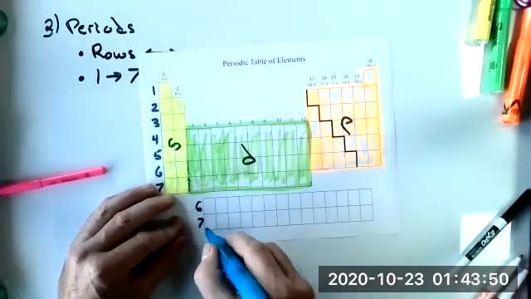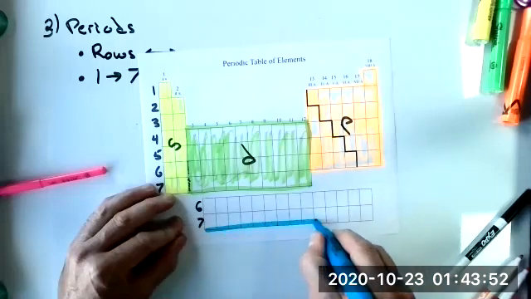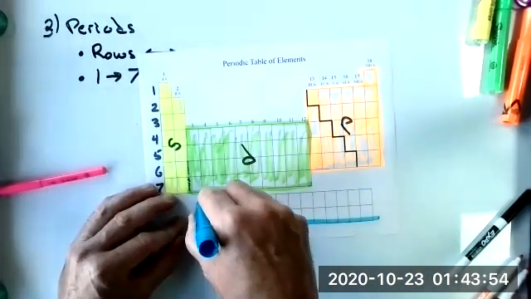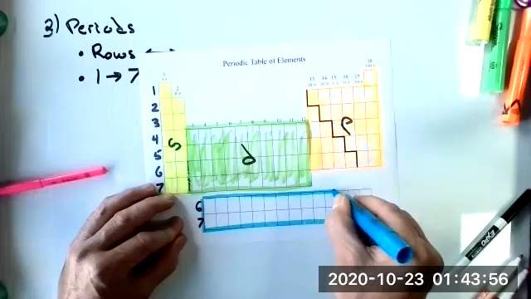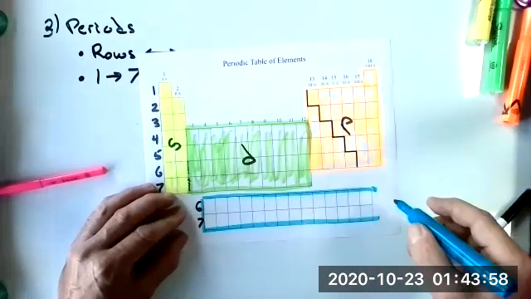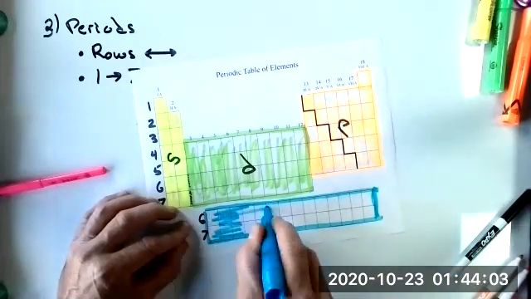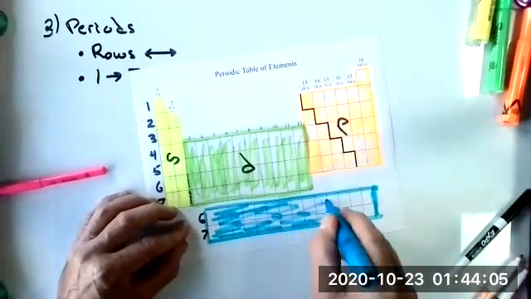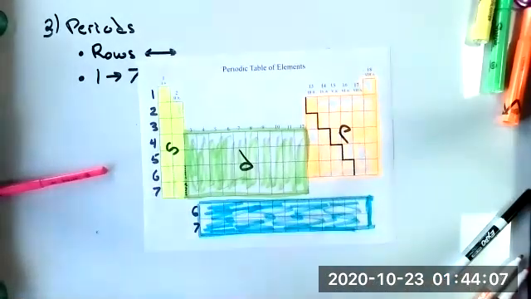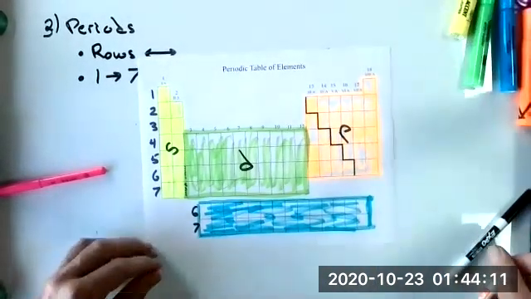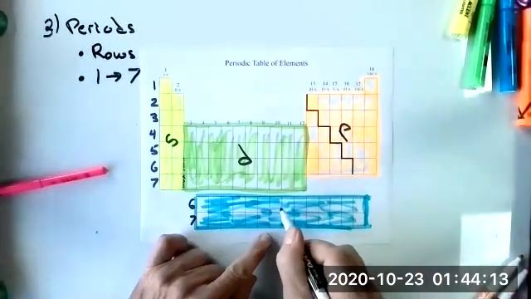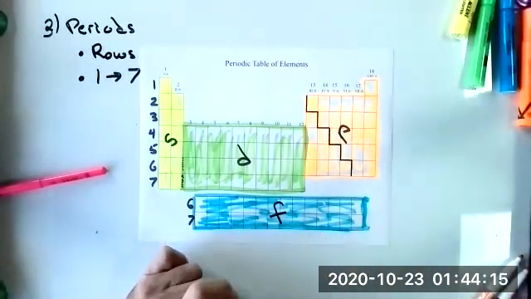This part of the table is using your fourth sublevel. How did I miss the line? I went way off the line. Did you see that? That was horrible. What's the rule? Color within the lines? Well, I probably didn't do well in elementary school. That, my friends, is the F sublevel.